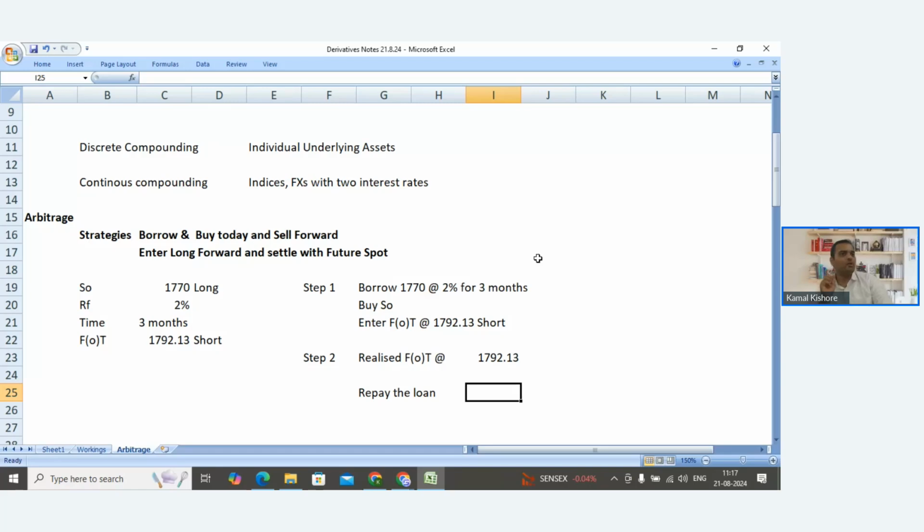All of you should be comfortable with the time value of money. $1770 into 1.02 the whole power 3 months, that is 0.25 or 1/4.